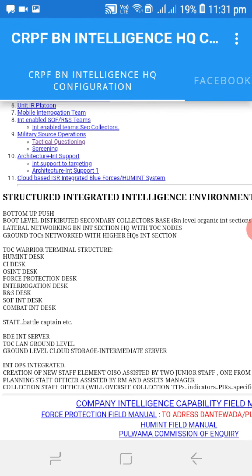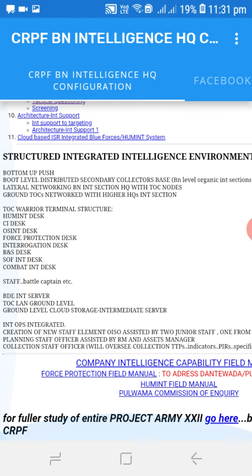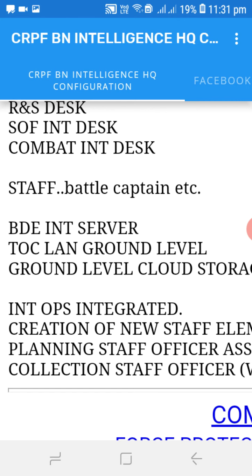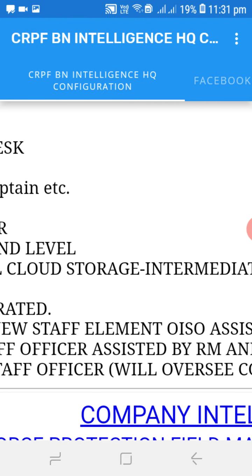All of them having tactical liaison teams to help in case of emergency, to help in case of evacuation, to help in case of operations. Then I have done this brigade int server here. This int server I have created. It's a simple thing, simple computer at the battalion int headquarter level, the TOC land ground level, the ground level cloud storage intermediate.